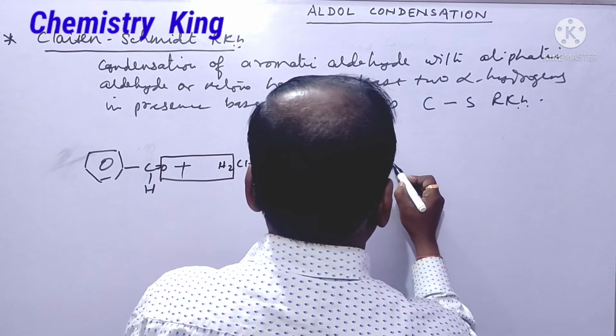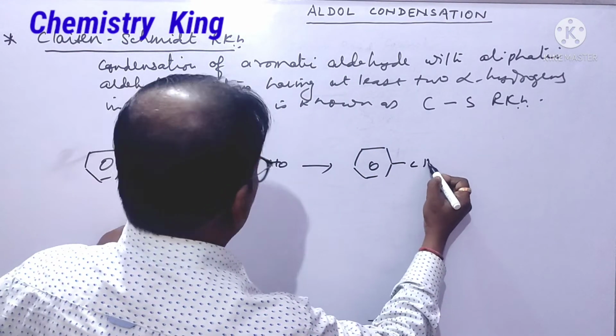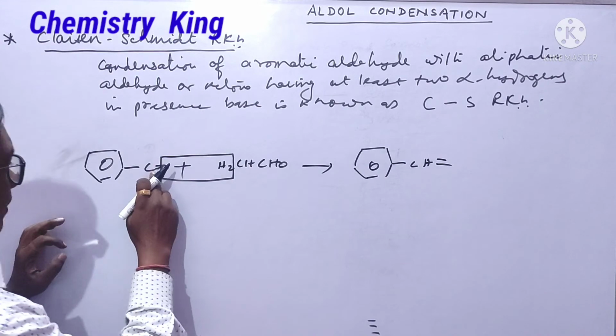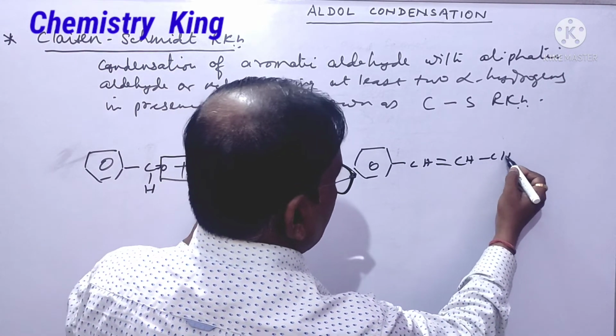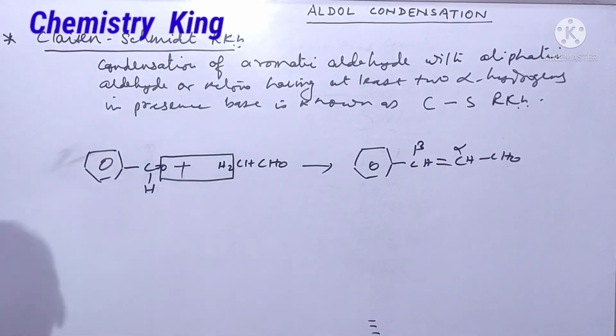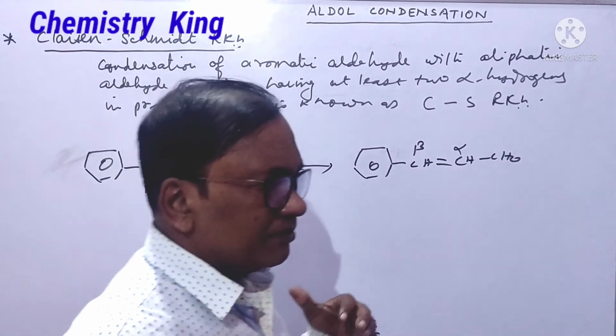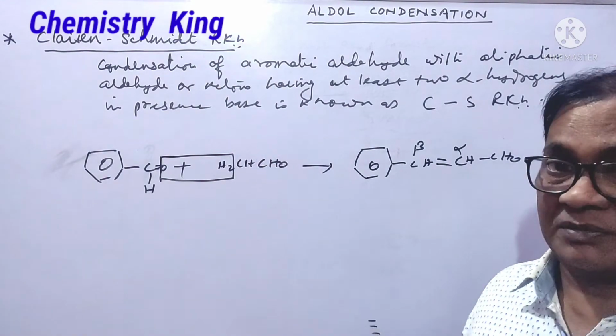So it is CH double bond CHO. It is an aldehyde group. It is alpha, it is beta. It is an alpha beta unsaturated aldehyde. Friends, again I am repeating that it is a type of cross-aldol condensation, Claisen-Schmidt.